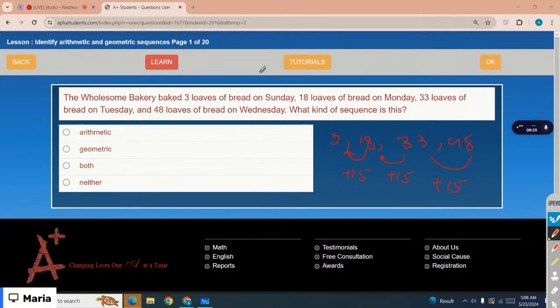That means you can find the next term by adding 15. You have to add a constant number to calculate the next term. That means this is an arithmetic sequence. So the correct option is option number 1, arithmetic sequence. Got it?